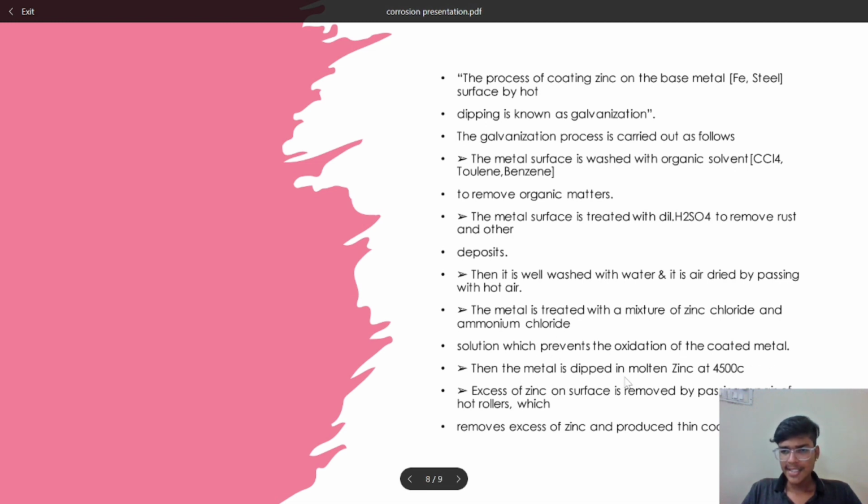Then the metal is dipped in molten zinc at 450 degrees centigrade. The excess zinc on the surface is removed by passing the metal through a pair of hot rollers, which remove the excess zinc and produce a thin coating.